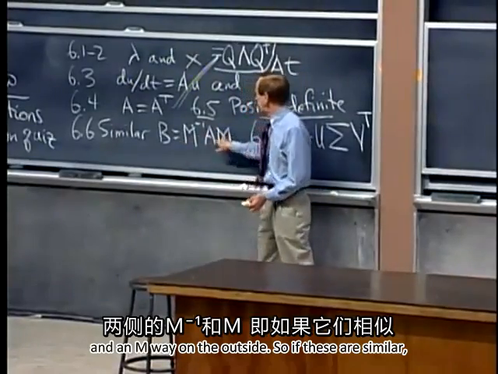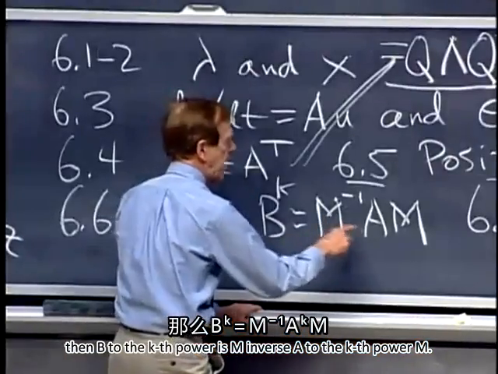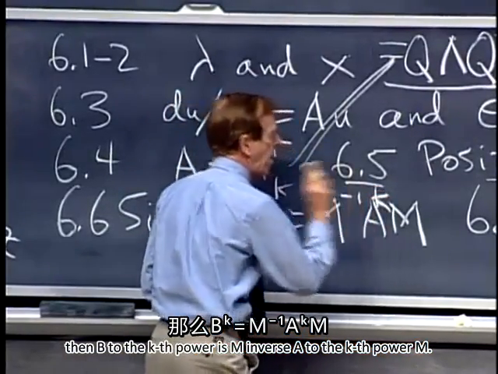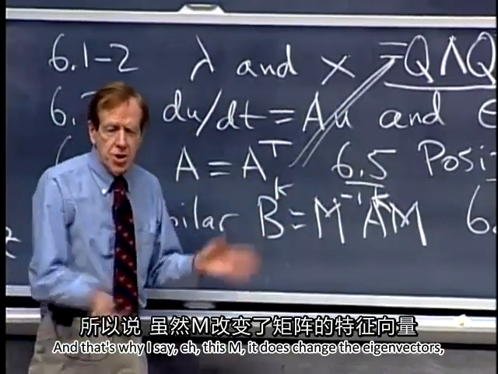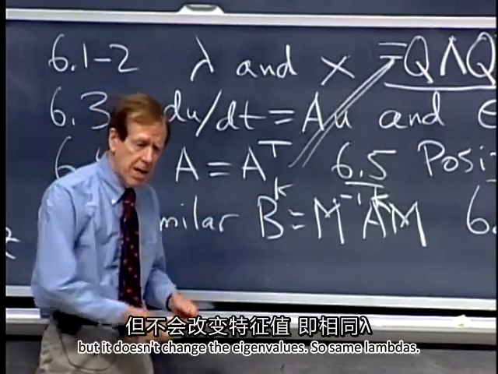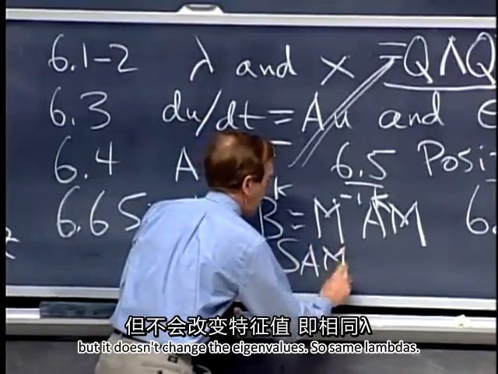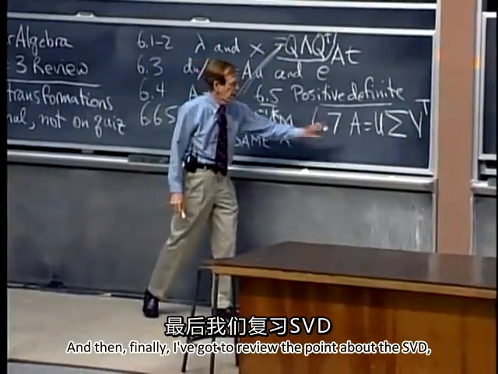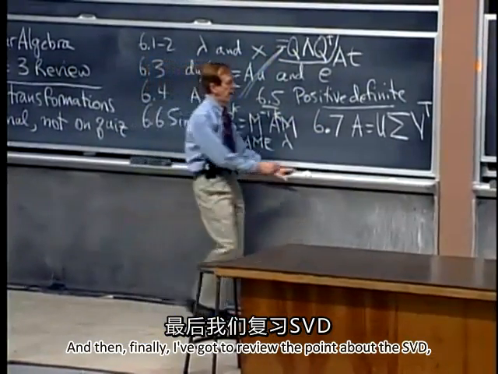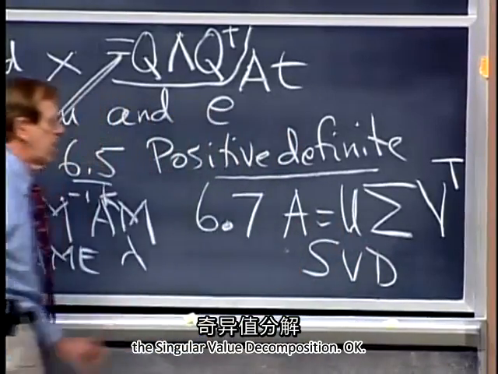So if these are similar, then B to the kth power is M inverse A to the kth power M. And that's why I say this M does change the eigenvectors, but it doesn't change the eigenvalues. Same lambdas. And then finally, I've got to review the point about the SVD, the singular value decomposition.